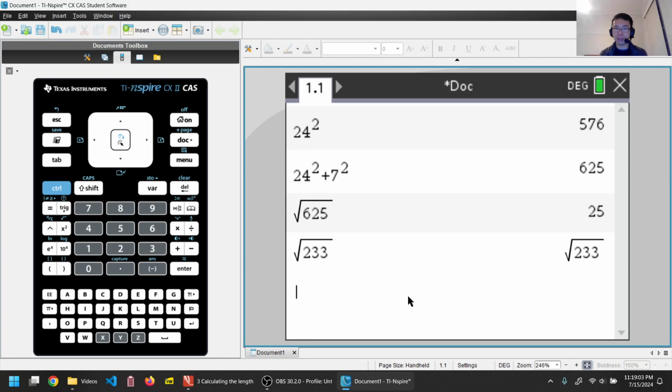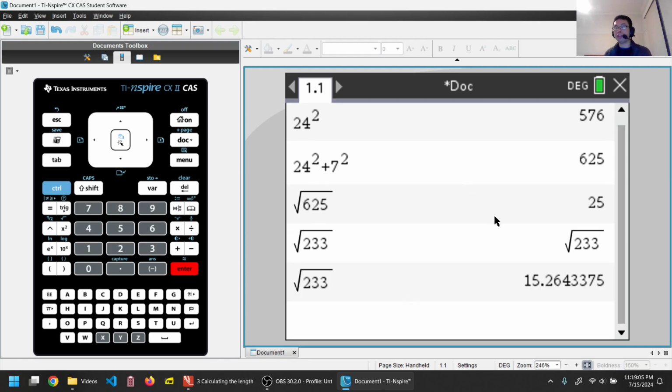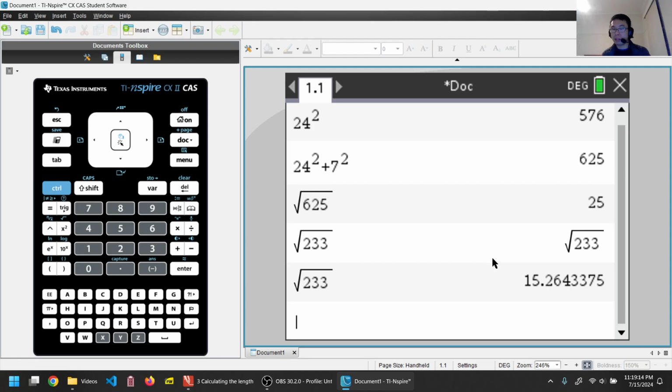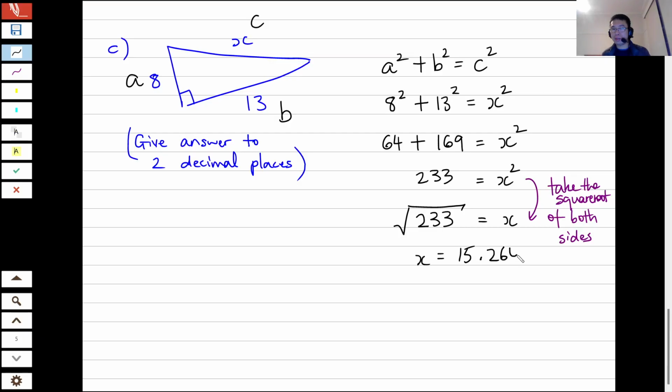So control enter, and you'll notice here it's given us the digits of the decimal representation. So x is equal to 15.2643375, and that number actually goes on forever. It never stops, and there's no pattern.